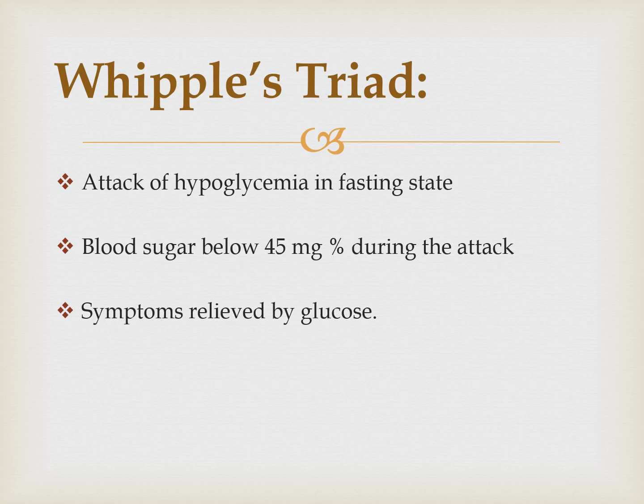There is a triad characteristic for the insulinoma diagnosis, which includes the attack of hypoglycemia in fasting state, in which blood sugar is below 45 milligram percent during this attack, and the symptoms are relieved by glucose.